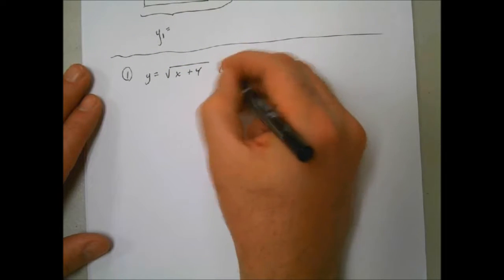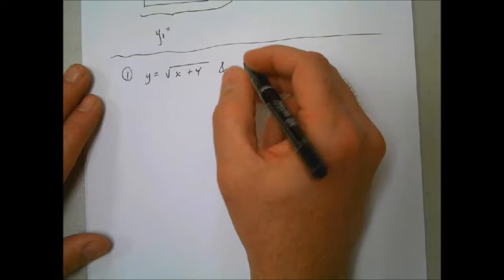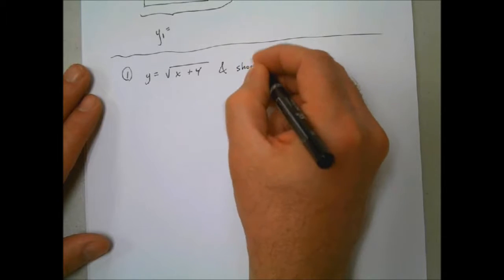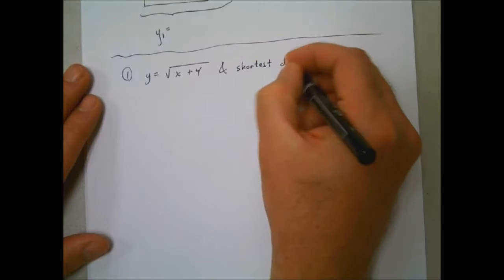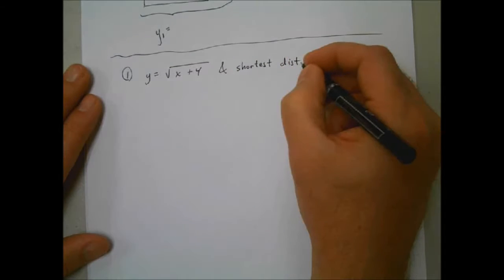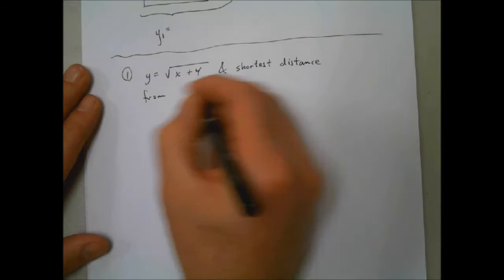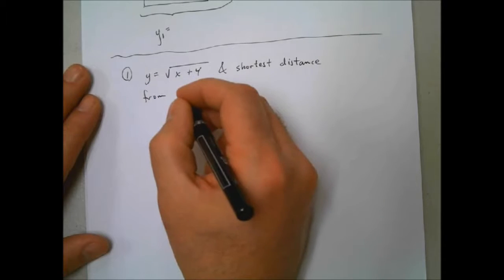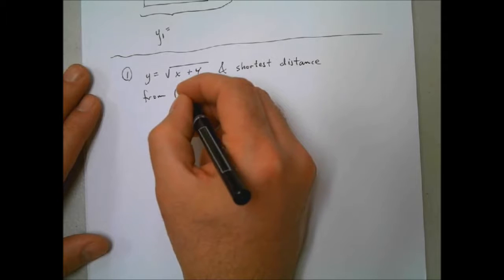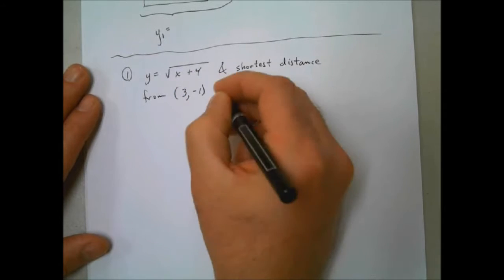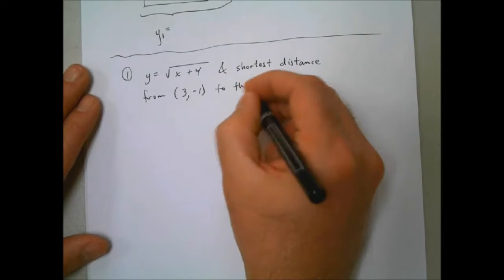I want the shortest distance from the point (3, -1) to the curve.